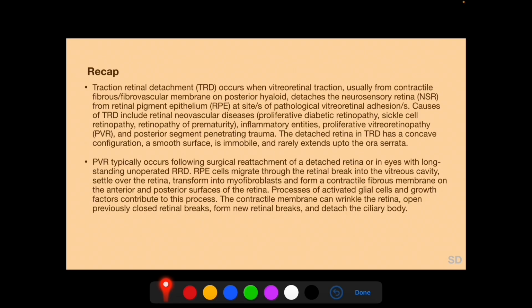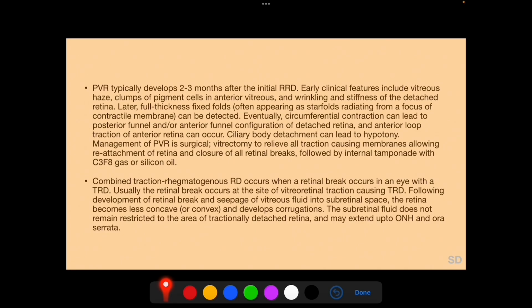Processes of activated glial cells and growth factors contribute to this process. The contractile membrane can wrinkle the retina, open previously closed retinal breaks, form new retinal breaks, and detach the ciliary body. PVR typically develops 2 to 3 months after the initial rhegmatogenous retinal detachment.